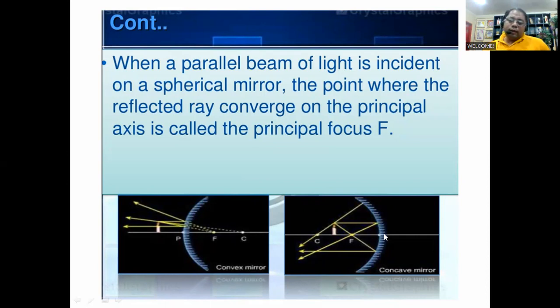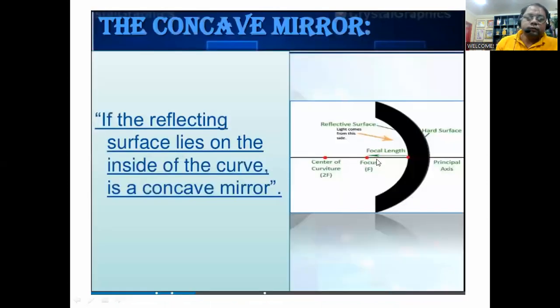Now that goes the same way here on the right side. So this intersection could be called V or P. And then again, the focal point and the center of curvature. Again, if the reflecting surface lies inside the curve, what you are dealing with is the concave mirror.